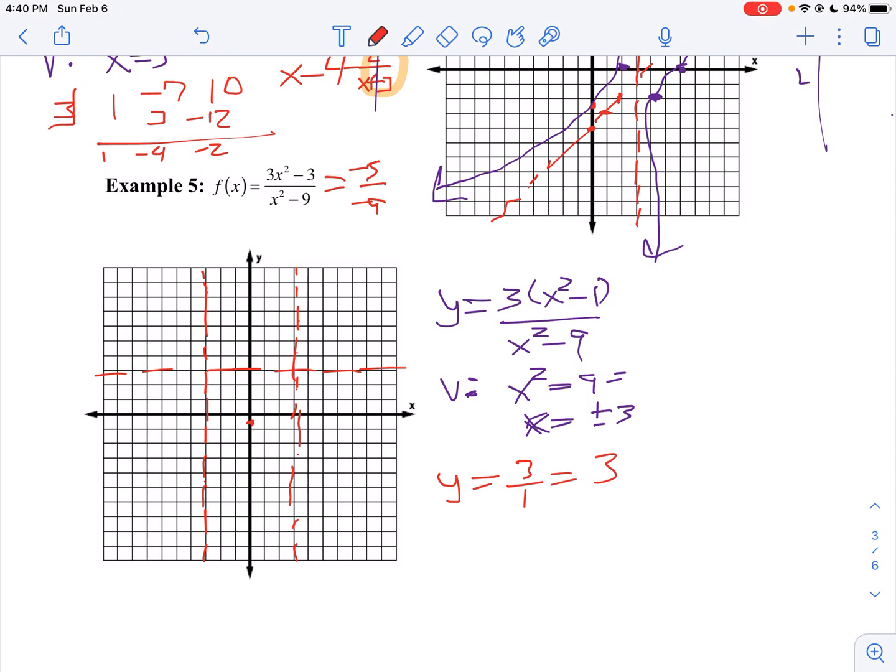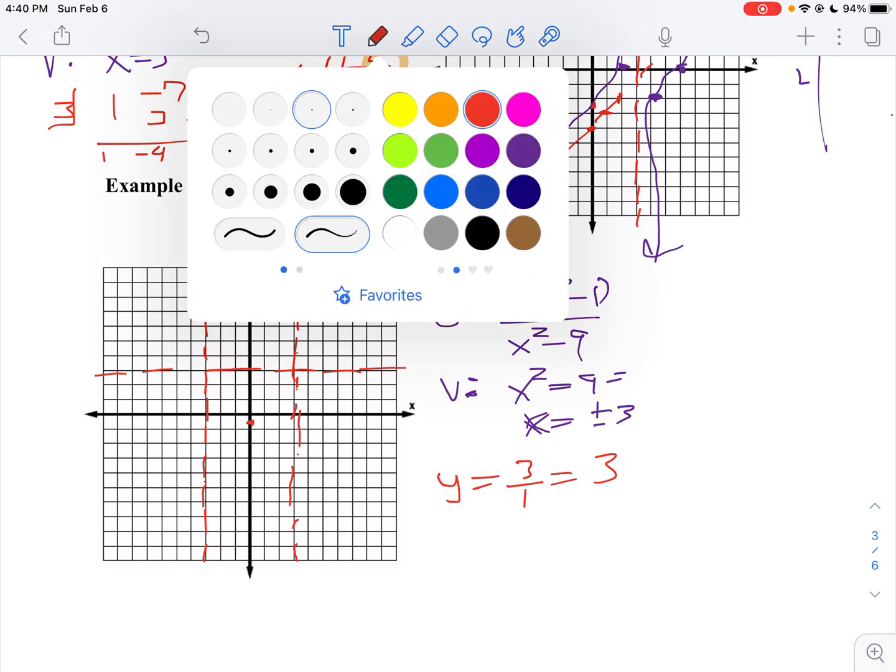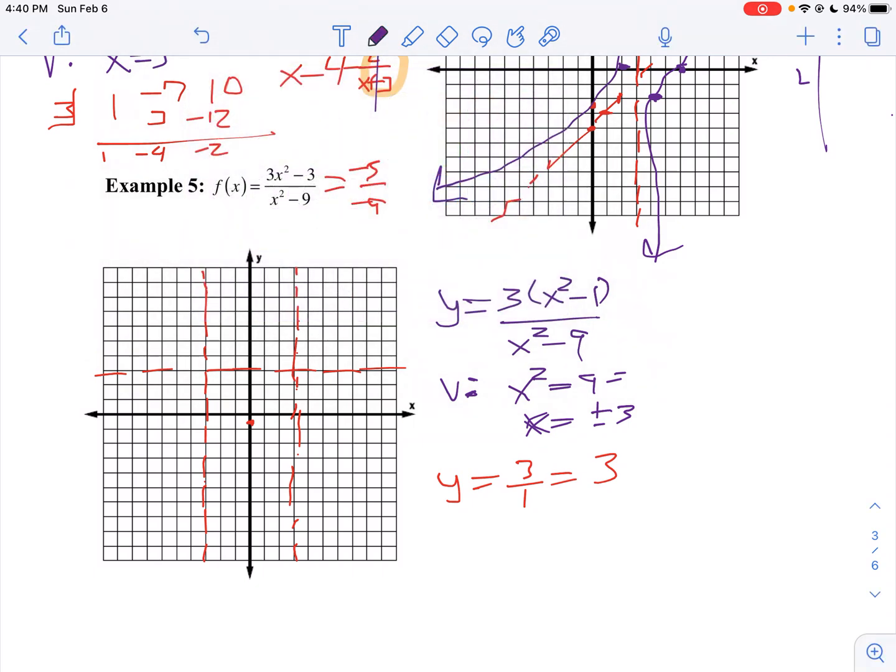Now let's look at my x-intercepts. My x-intercepts are going to happen when y is 0. So I have 0 equals 3 times x squared minus 1 all over x squared minus 9.